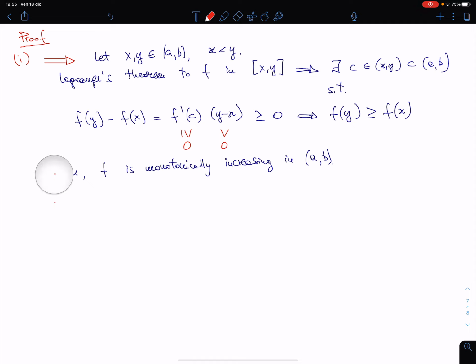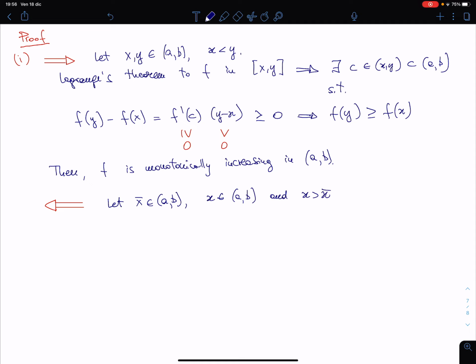The inverse direction says: let x bar in AB and x in AB with x larger than x bar.